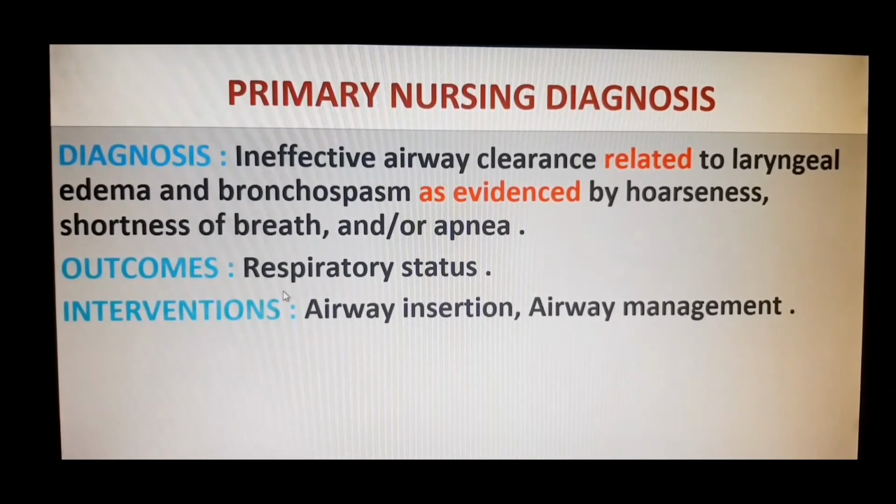Outcomes: respiratory status, gas exchange and ventilation, safety status, physical injury. Interventions: airway insertion, airway management, airway suctioning, oral health promotion, respiratory monitoring, ventilation assistance.